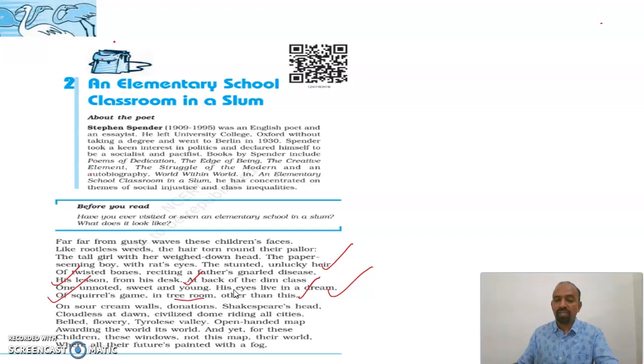Other than this, means other than the business of the classroom, he engages himself in his dream, and in his dream he sees the squirrel's game in the tree room. Now let us go and watch the squirrel's game in the tree room along with the child in the classroom.